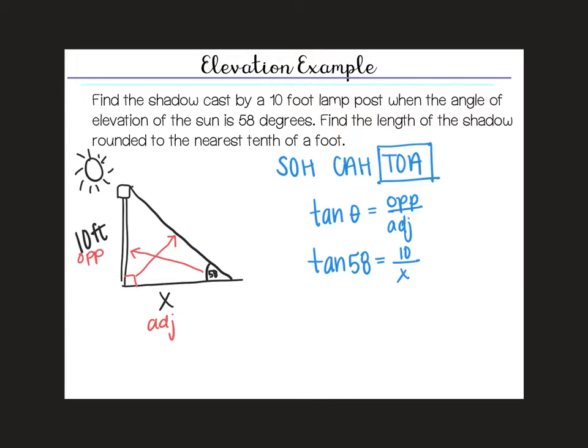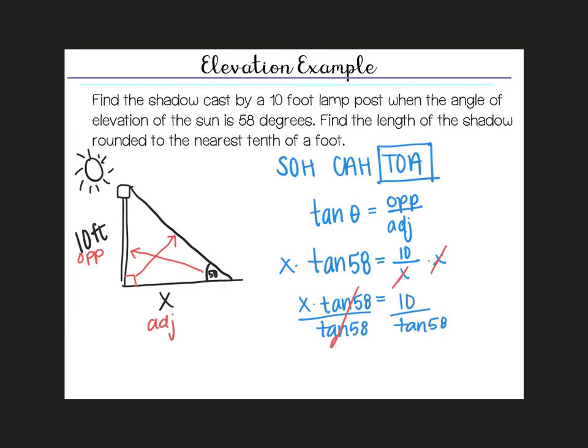Then I begin to solve, so I'm going to multiply by x on both sides. Those x's cancel out. I'm left with x times tan 58 equals 10. To get x by itself, I would divide by tan 58, and those would cancel on both sides.